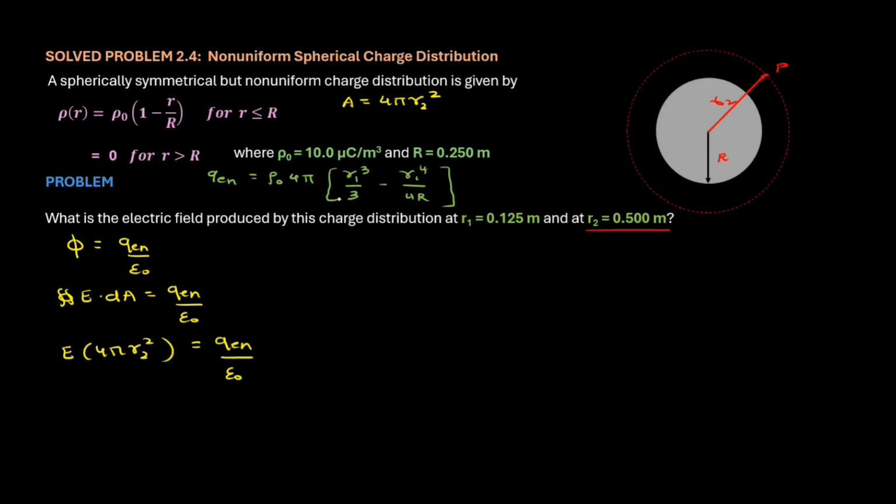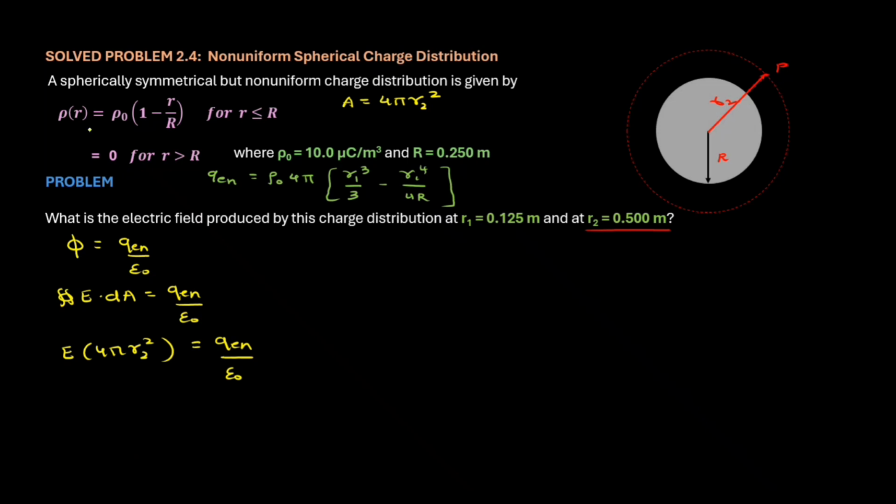Charge enclosed in the previous part of the question we found within the sphere to be equal to rho naught 4 pi (r1 cube by 3 minus r1 to the power 4 over 4 times capital R), where this distance r1 was inside the sphere. To find total charge enclosed within the Gaussian surface of radius r2, I can just replace r1 here with the radius capital R of the sphere, because the total charge is only contained on the sphere.